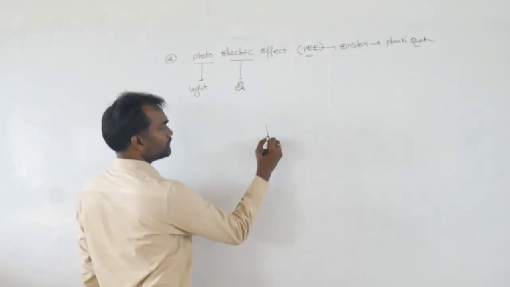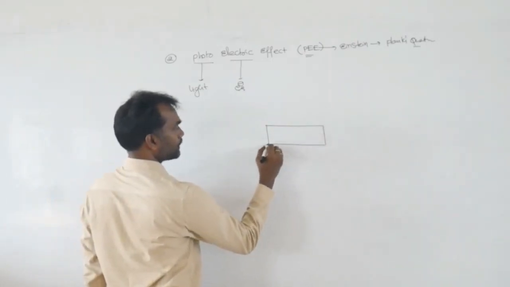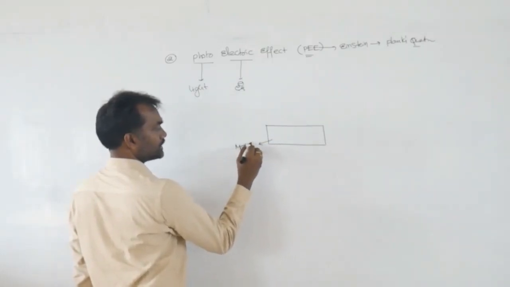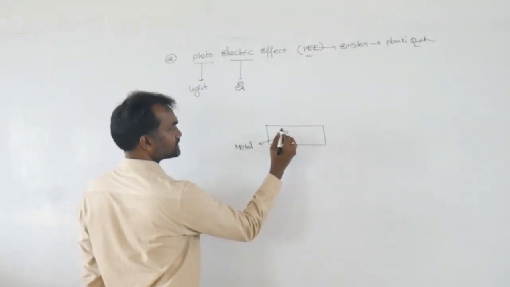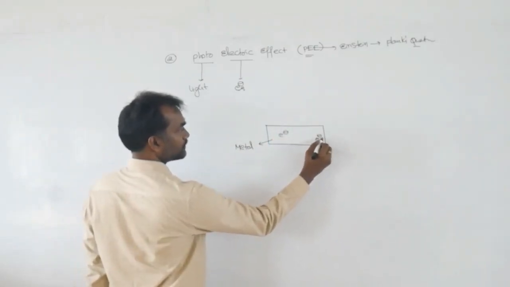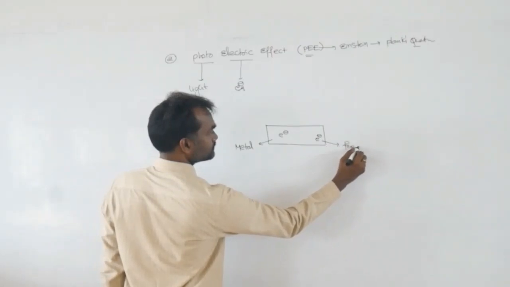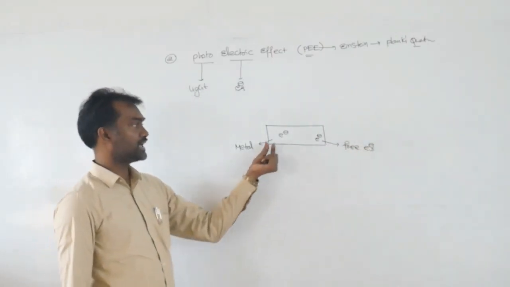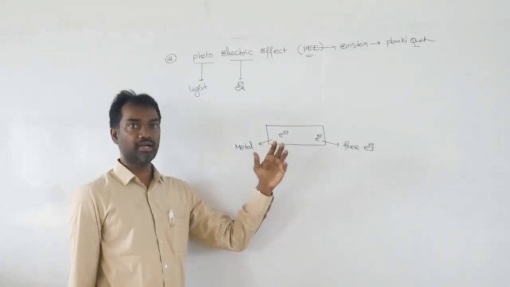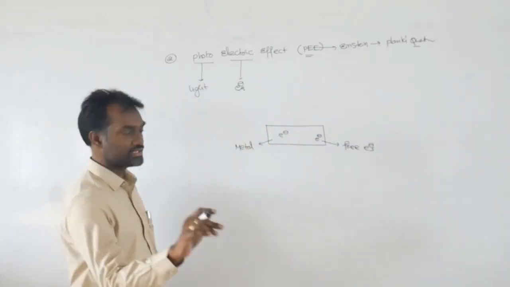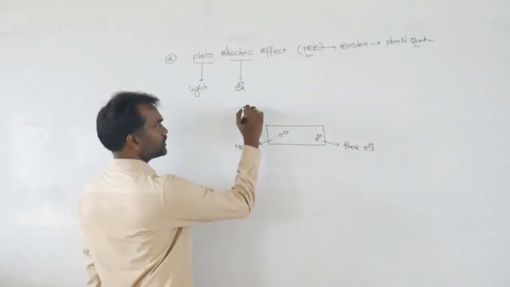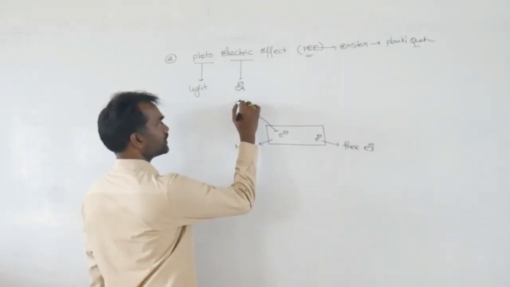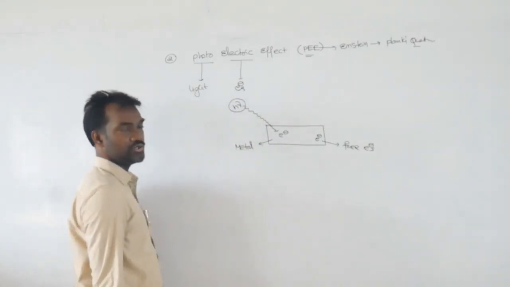So if you take a metal, it contains so many free electrons, because of the metallic bond, so it is available as a solid. That is the general point. Suppose light is falling on this, say light of energy h nu.